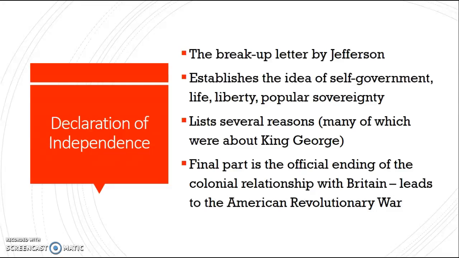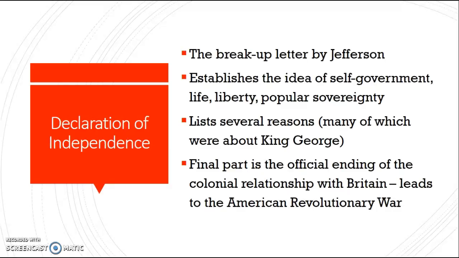And then the Declaration of Independence, you're probably already familiar with, but think of this as a breakup letter written by Thomas Jefferson. This is going to establish many of our big concepts here in AP Gov, including self-government, life, liberty, and of course, popular sovereignty, the idea that people should be able to control and make the decisions for their country. What the majority wants, give them.